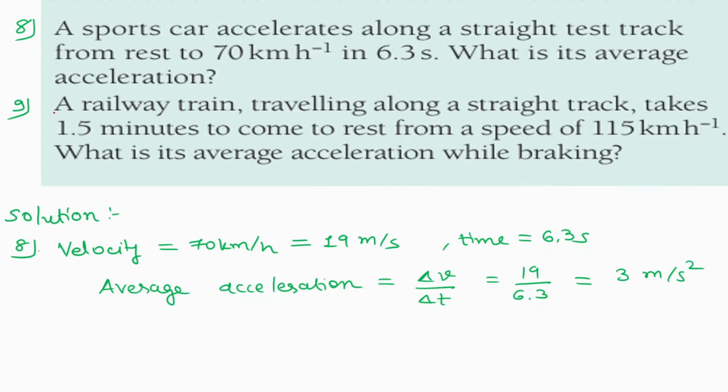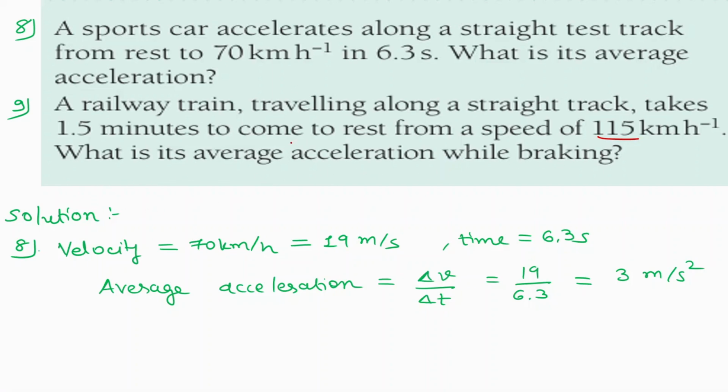Now in question number 9, a railway train traveling along a straight track takes 1.5 minutes to come to rest from a speed of 150 kilometer per hour. What is its average acceleration while braking?